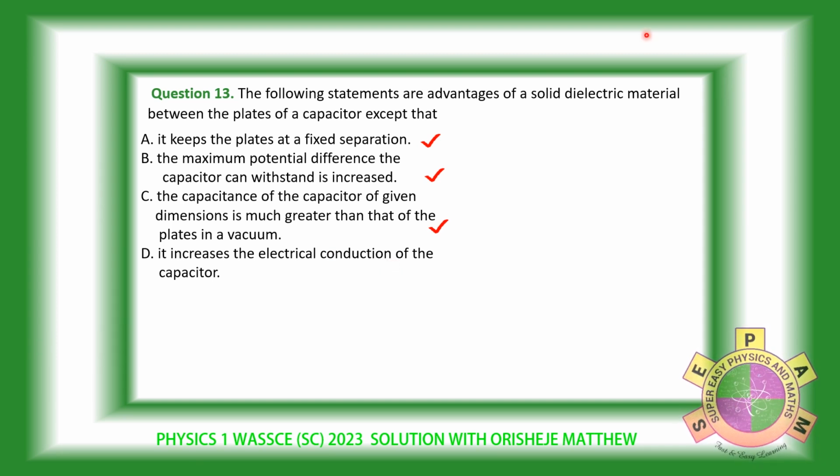No, it doesn't. It does not increase the electrical conduction. Dielectric material is an insulator, so it does not allow electrons to flow between the plates. So the exception, the actual answer to this question, is D.